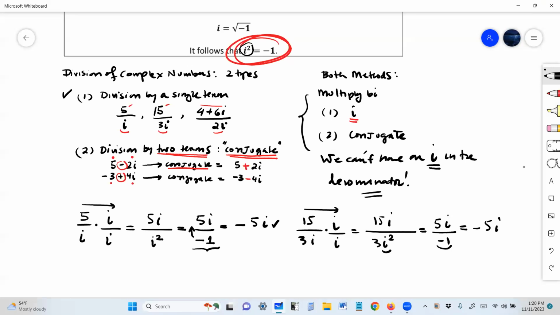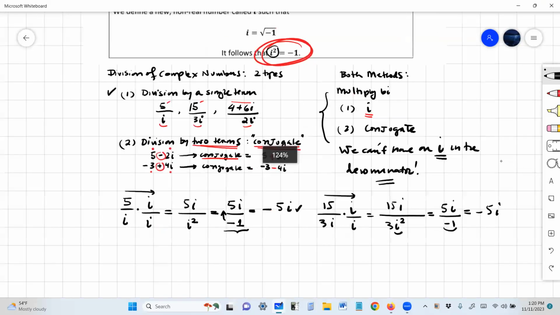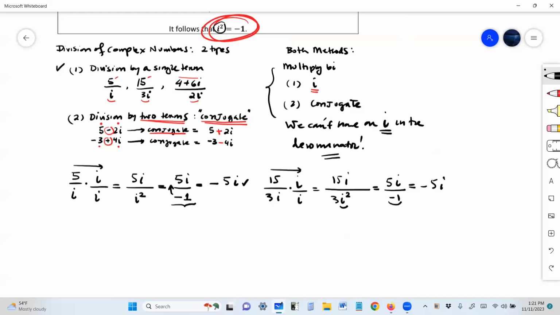We'll do the last one for you to see, which is 4 plus 6i divided by 2i. If you want, you can split it into 2: 4 divided by 2i, 6i divided by 2i.